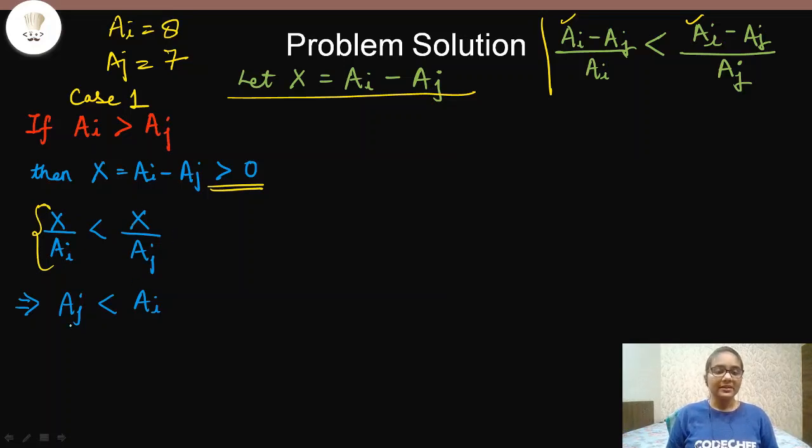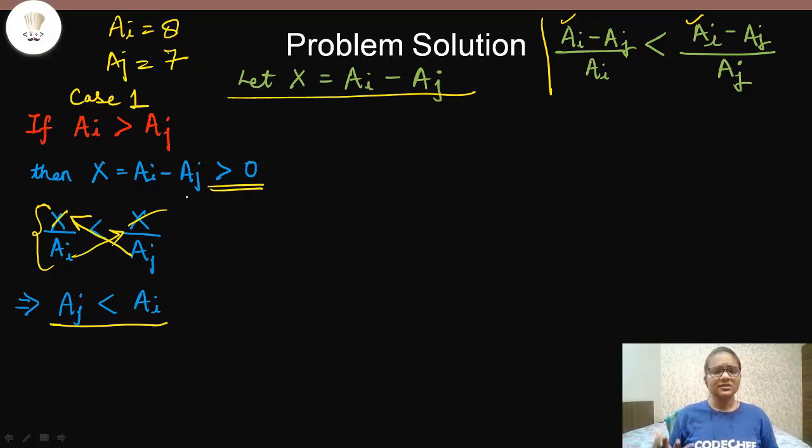All the pairs which have AJ less than AI or AI greater than AJ will satisfy this particular condition, because this x and this x, both of these are the same, right? So you can just move your AJ towards this side of the equation and AI towards this side of the equation.